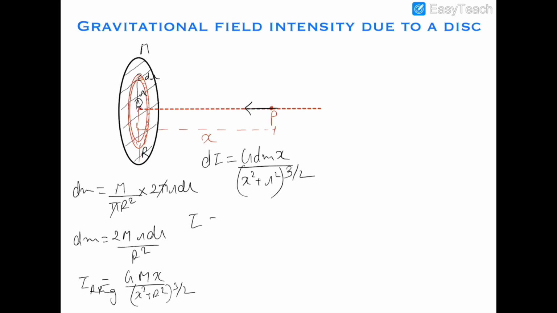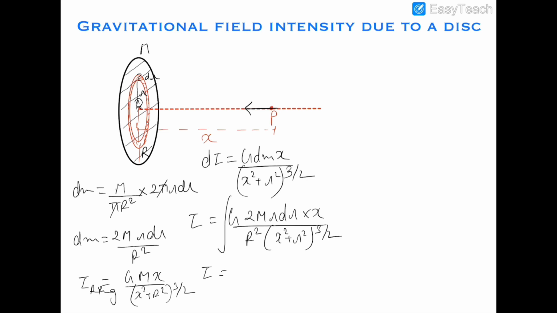Now the total gravitational field intensity would be G dm, where dm is 2M r dr, divided by R square into (x square plus r square) to the power 3 by 2. Now you can integrate it.